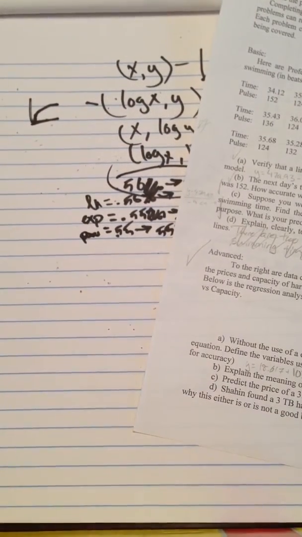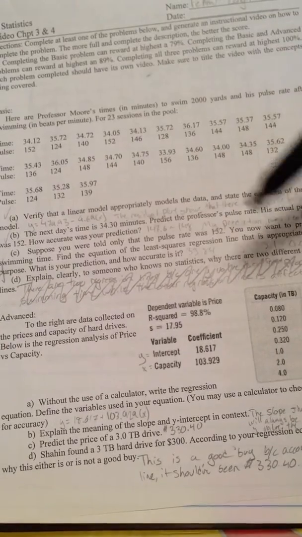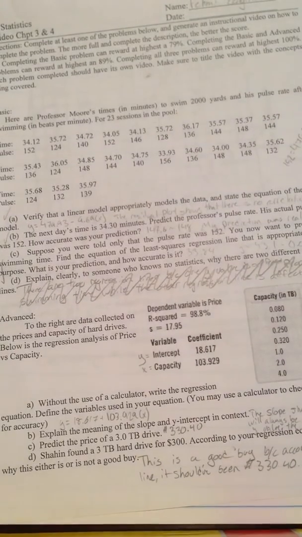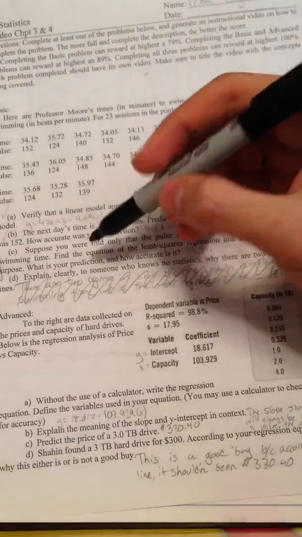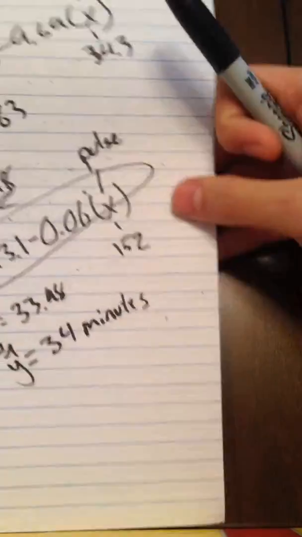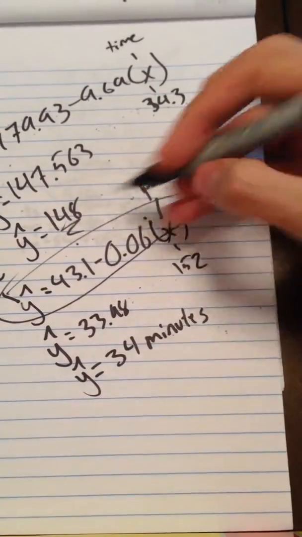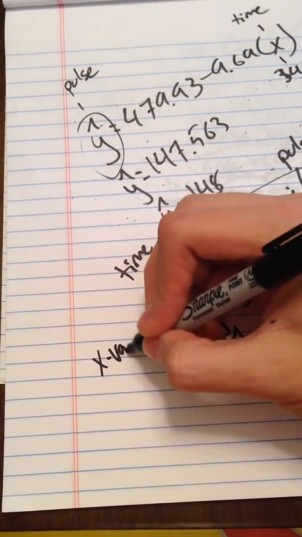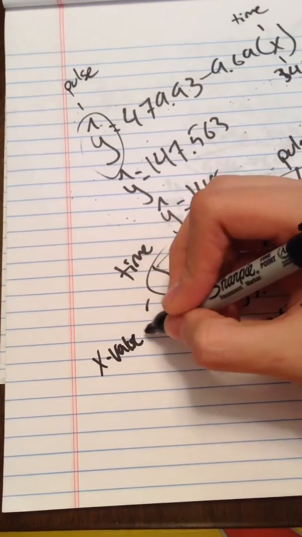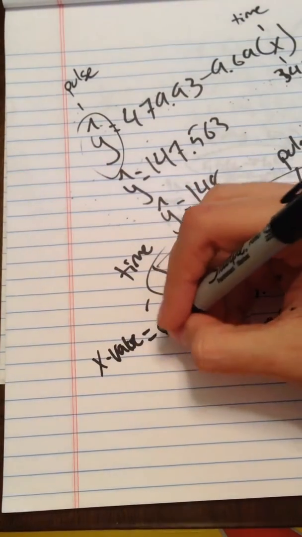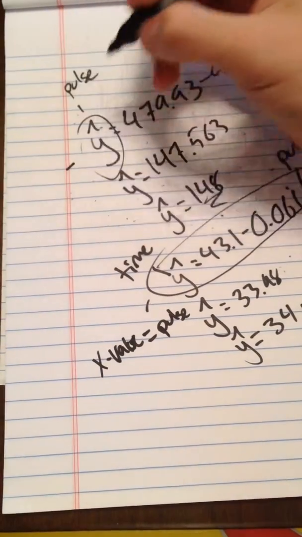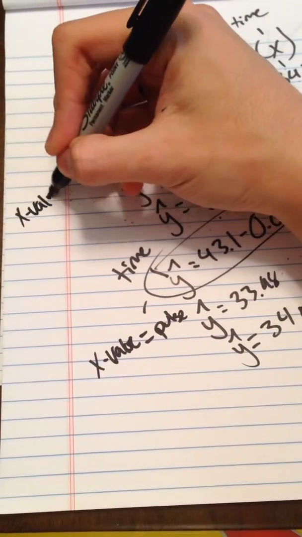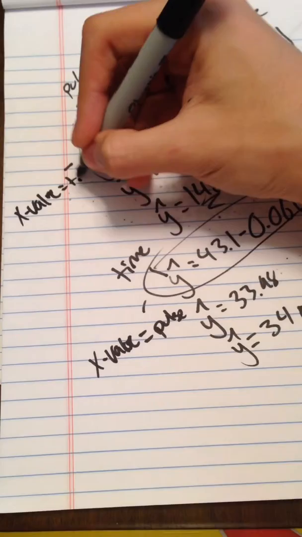So if you were to clearly explain to someone that knows no statistics, you would say for C, when you got the second regression line up here, okay, so this one would be if the x value is the pulse, and this one, if the x value is the time.